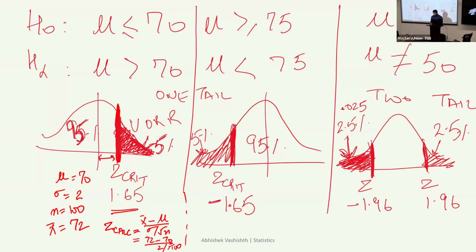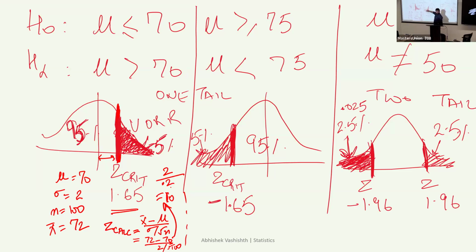Right? So what will be the answer here? I am solving it here, right? 72 minus 70 is 2 divided by 2 upon root 100. 2 upon 10 is what? 0.2. 2 by 0.2 is how much? 10. The value I am getting is 10. 10 is very, very high, which will be here somewhere.